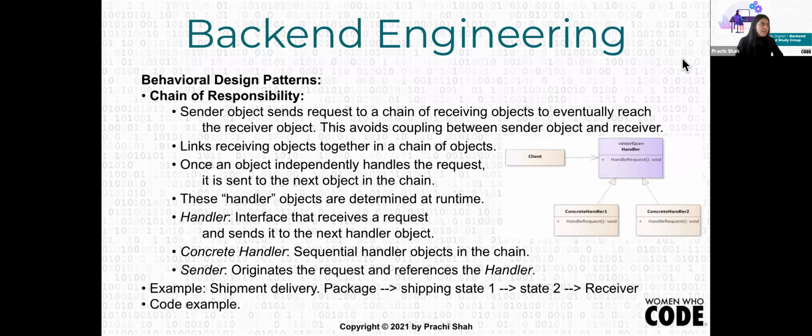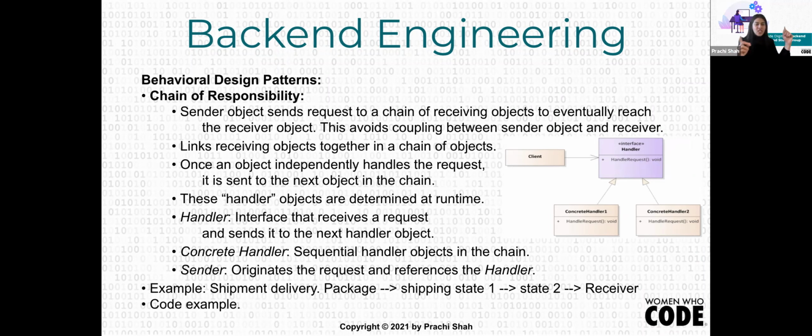Okay, so the first behavioral design pattern is chain of responsibility. Think about this as a messenger, right? You have the sender object and the receiver object. For your data to be sent by the sender and received by the receiver, there are other intermediary objects that pass the message or the data.